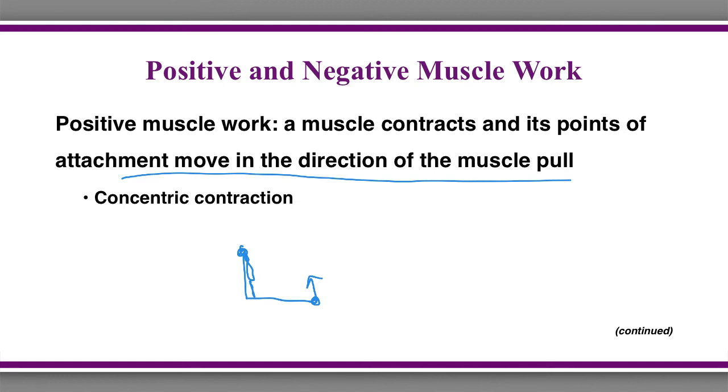So when your bicep contracts and these muscle attachments are moving up, the object itself will also move in the same direction. So in this particular example, you will have positive muscle work and a concentric muscle contraction. The bicep is contracting in a concentric manner, meaning this angle is going to get smaller.